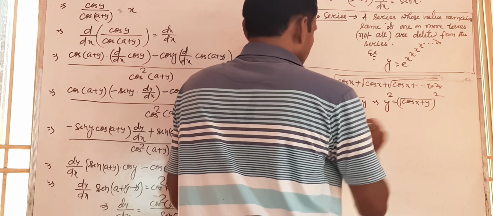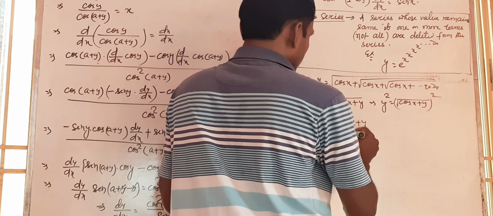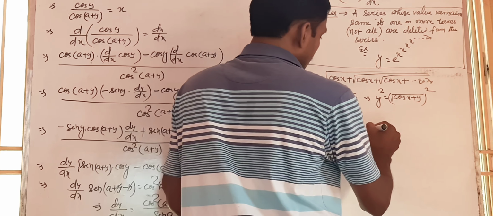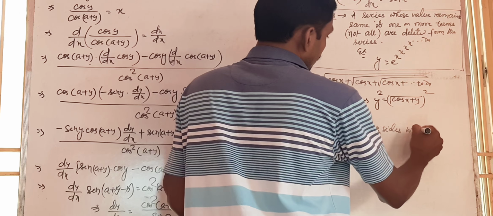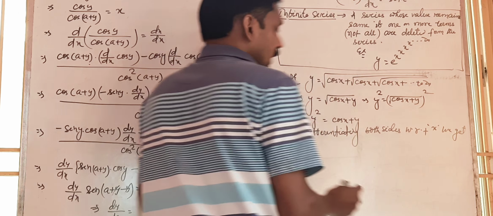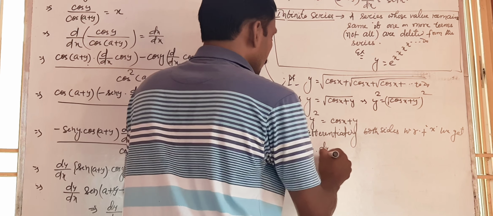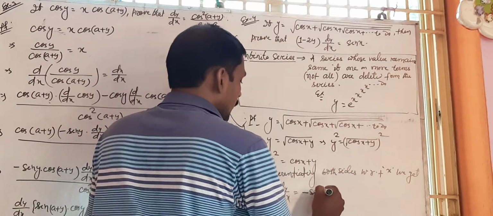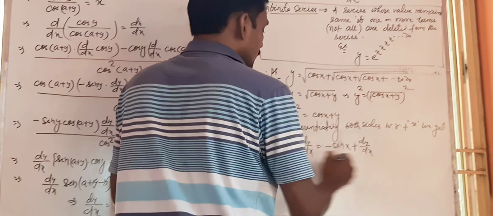Then differentiating both sides with respect to x, we get derivative of y square, it is 2y into dy by dx, equal to derivative of cos x, which is minus sin x, and again derivative of y is dy by dx.